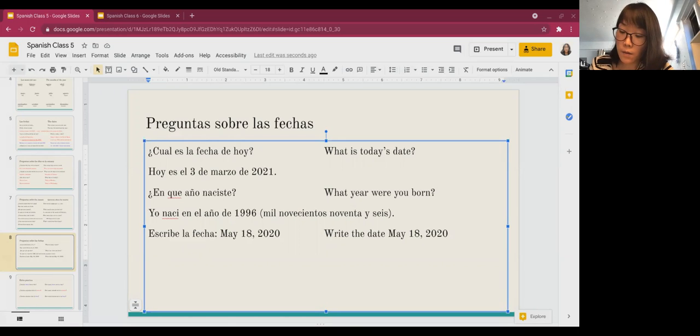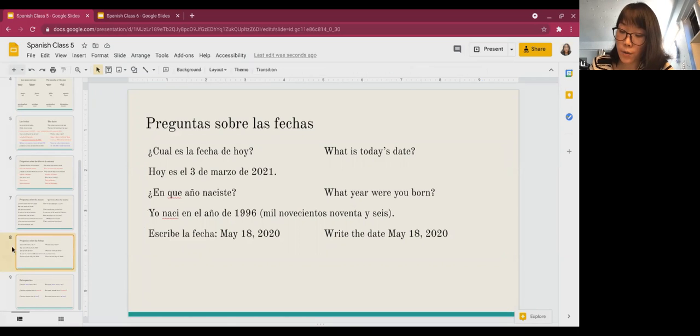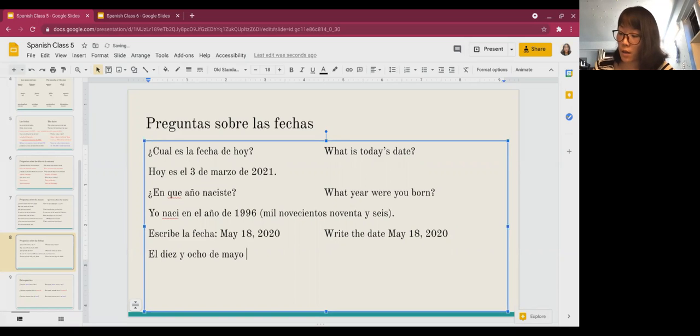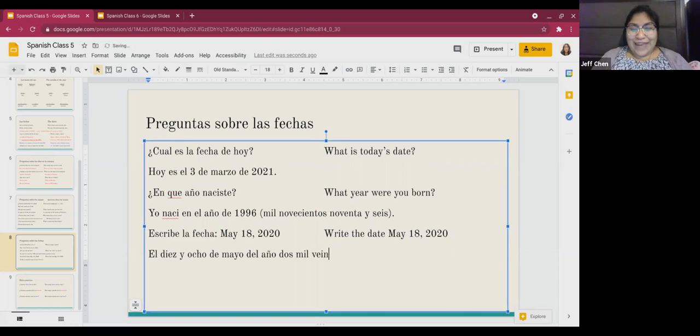So El 18 de mayo de año 2021. Muy bien. 2020.